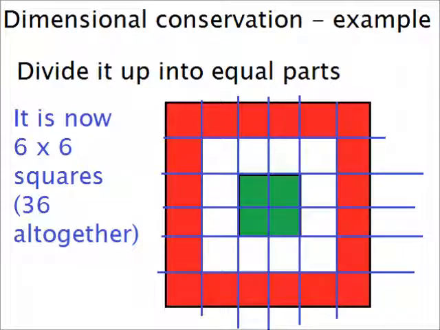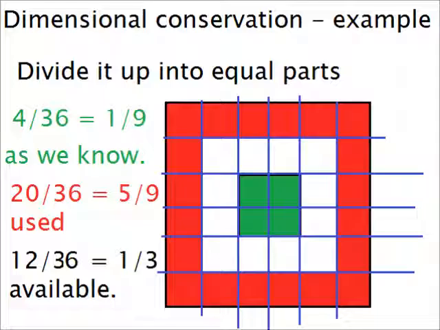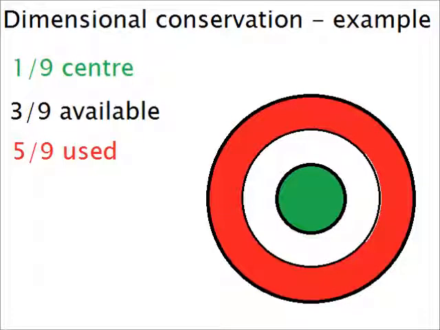There's 36 squares altogether, and if you count up the green ones for the centre, you can see it's 4 out of 36, which is 1/9, as we know. If you count the red ones, which are used, you get 20 out of 36, which is 5/9. If you count up the ones that were given away, we have 12 out of 36, which is 1/3 available.